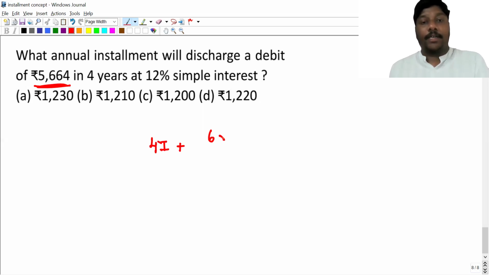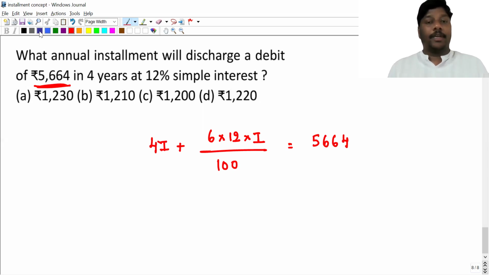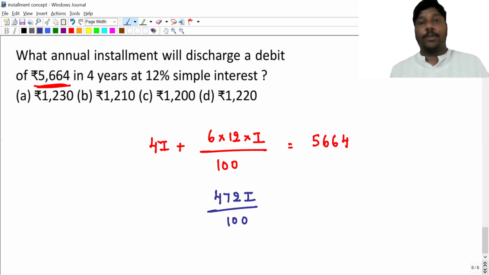కాబట్టి 6R, each year 12 కదా. On each installment అంటే I అనుకోండి, by 100 is equals to 5664. LCM తీసుకోండి. LCM తీసుకుంటే 400 + 72, 472I by 100 is equals to 5664, right?